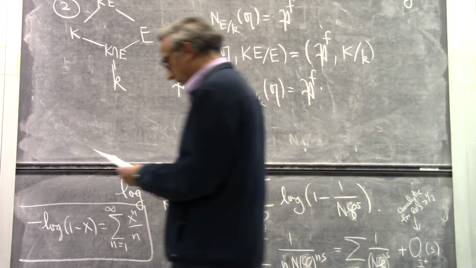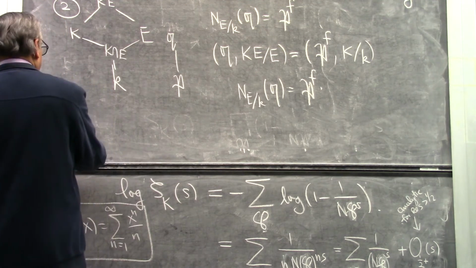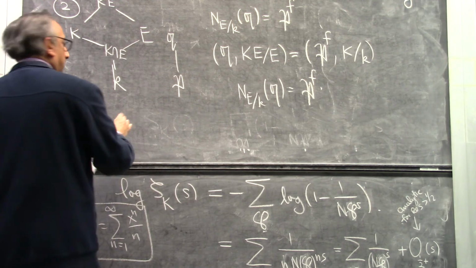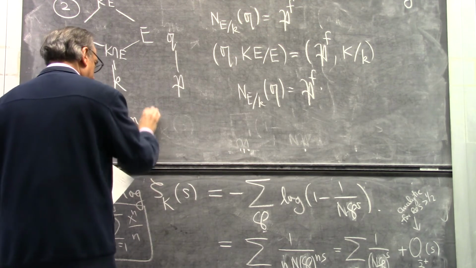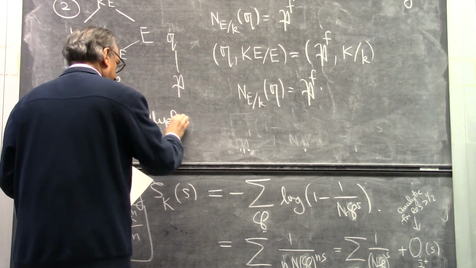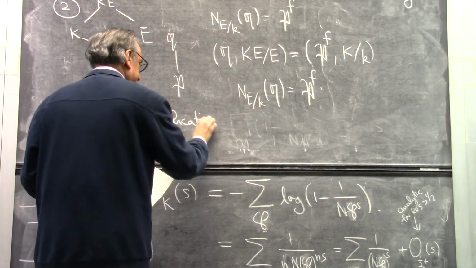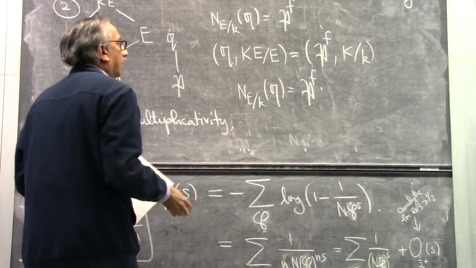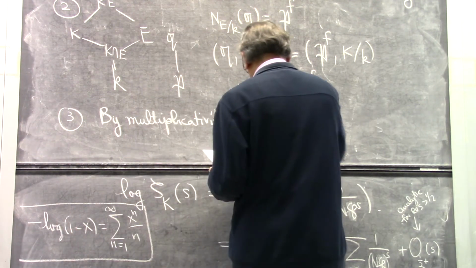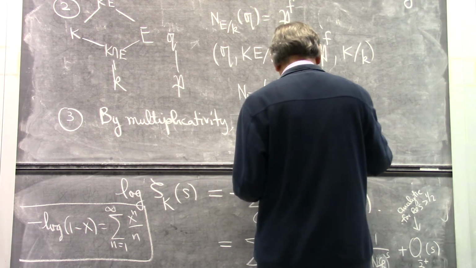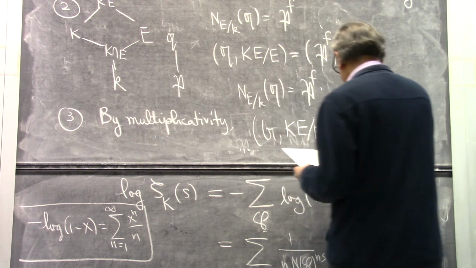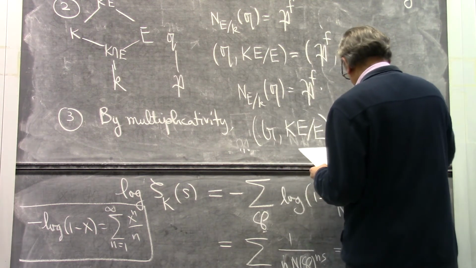And then as a consequence of this, by multiplicativity, we get that if you give me an ideal B of KE over E, this is the same as the norm.